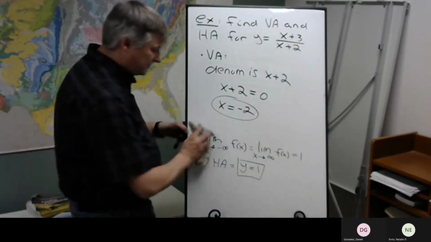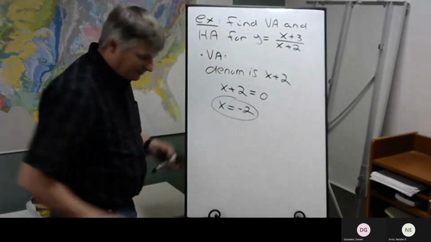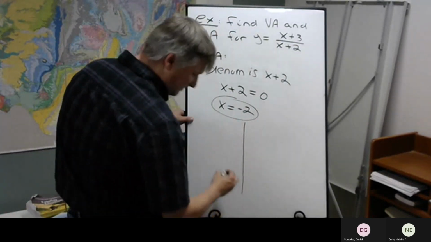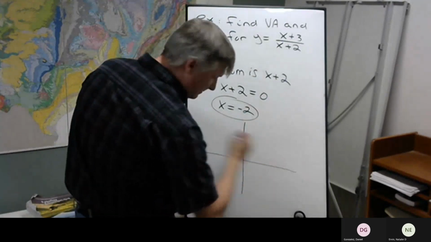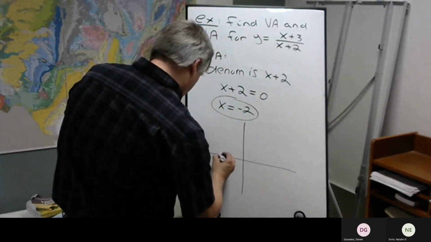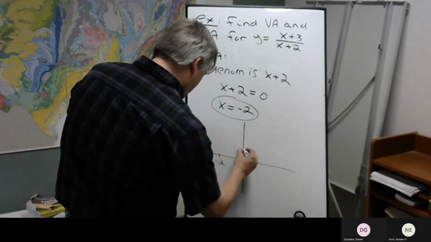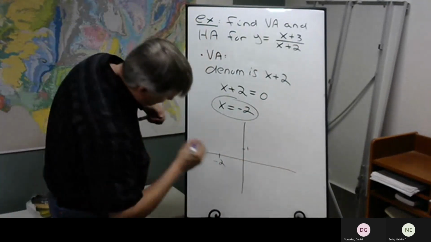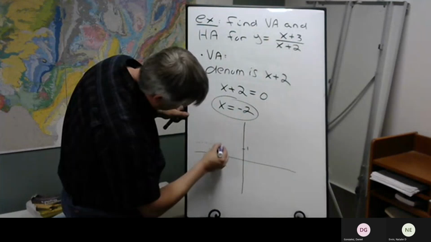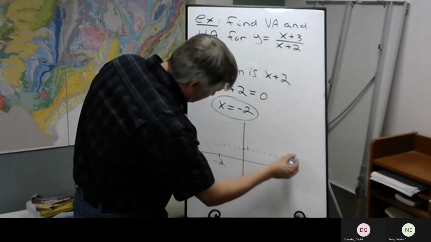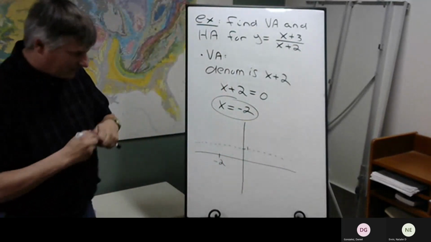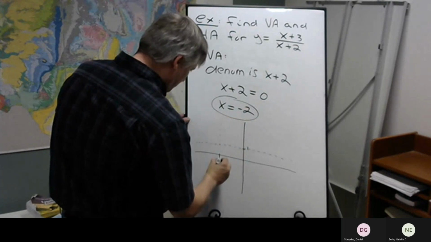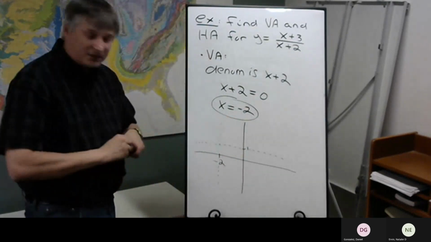Now if we graph this, so we have a horizontal asymptote at y equals 1. And we're actually going to get a vertical one at x equals negative 2.